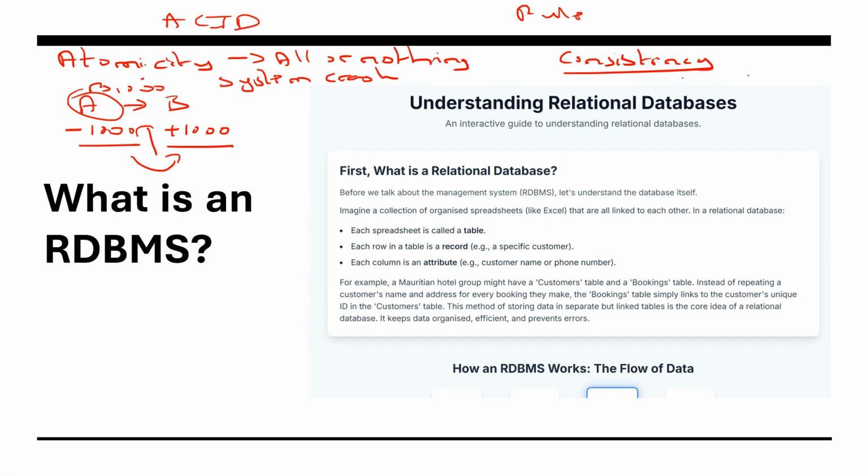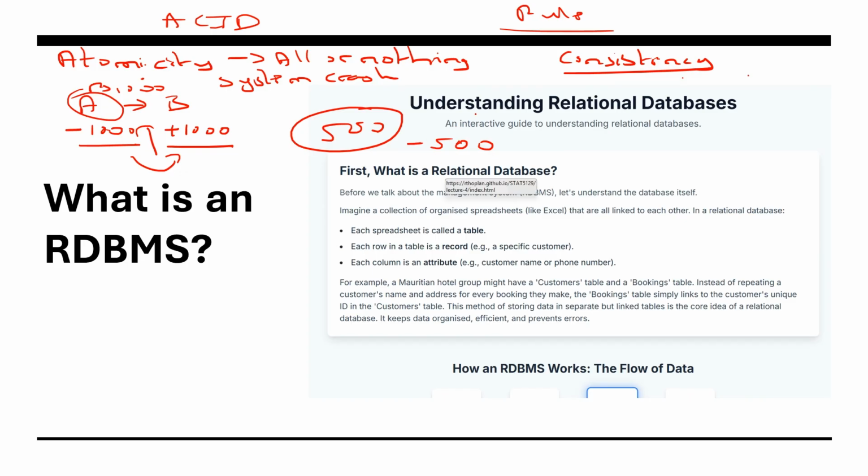So if it says that no account can have a negative balance, let's suppose you have only 500 rupees on your account and you still want to do this transfer of 1,000 from your account A to another account B. If you were to carry out this transaction, you have only 500 and you want to transfer 1,000. It means that you will move to a negative balance. But we should not forget that the rule of the bank is that you should not have a negative balance.